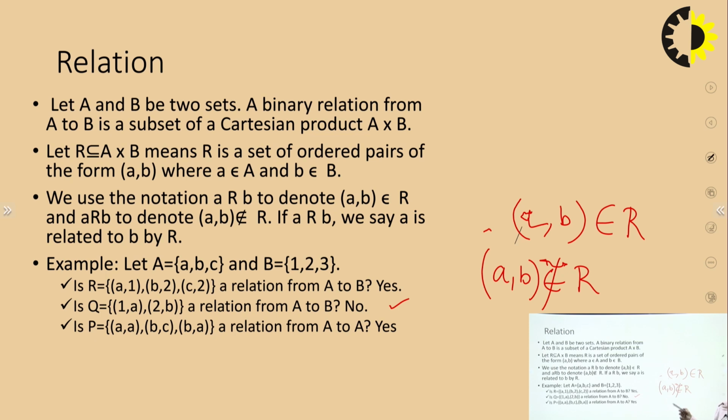We can see that both the components of the pairs belong to set A. So, we can say that it is a relation from A to A. Yes, it is a relation from A to A. So, this is how a relation is defined.